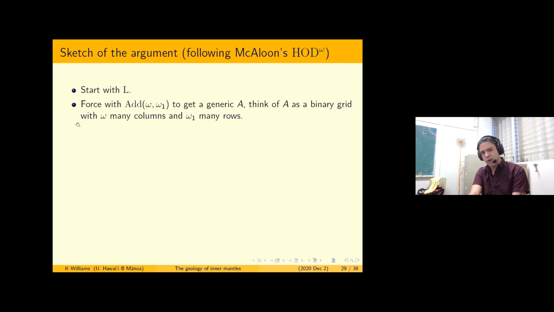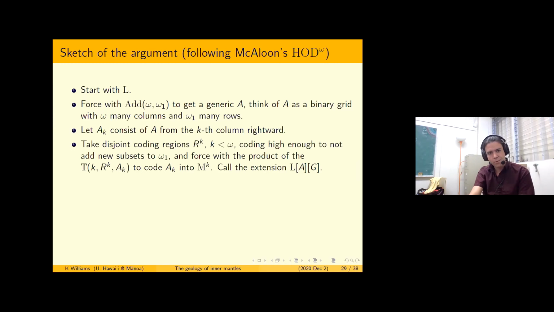So what's the idea? We start with L, and the first thing we're going to do is add omega-1 many Cohen reals. Let's think of this as a big binary grid. I'm thinking of omega-1 many rows. These are the Cohen reals. Each row is a Cohen real, and each column is the 0th bit, the first bit, and so on. Okay.